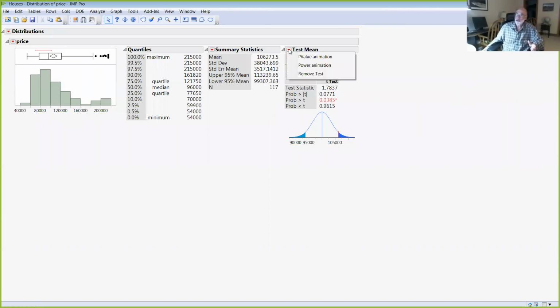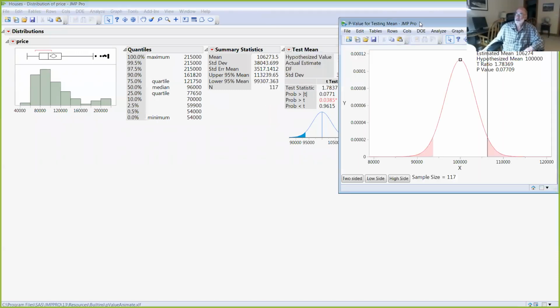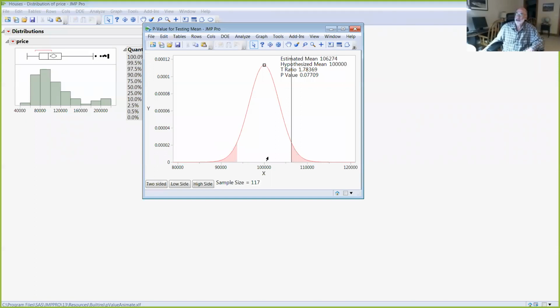I'll also show you there is a little animation that JMP provides here. If you do the p-value animation, here's just a picture of what the hypothesis test is doing. If the real mean, which you're hypothesizing is 100,000, if it was 100,000, the red would describe what you would expect to get by taking a random sample of 117 houses from that distribution. The black line is what we actually found here. If the null hypothesis were true, how likely is it that we could be this far away from 100,000 on either side?